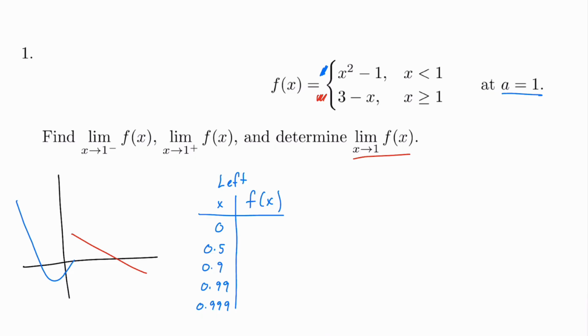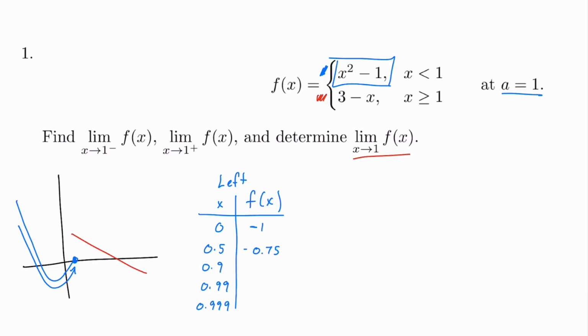If we go ahead and plug these into our blue equation up here, since we're approaching from the left-hand side, remember that means that we are tracing as we approach from the left-hand side to this point at 1. So at 0, we plug in and we get f of x equal to negative 1. At a half, we get negative 0.75.